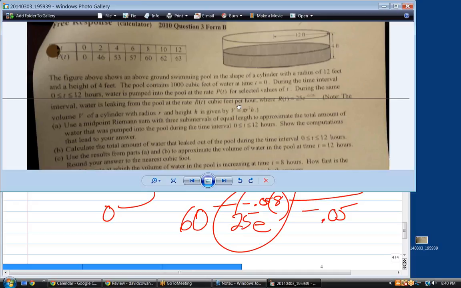And do we know what we started with? We can figure out how much there was to start, because the pool contains 1,000 cubic feet at time 0.